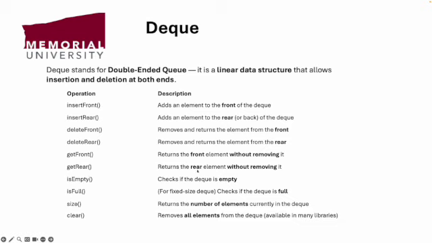Get rear: return the rear element without removing it. Is empty: a boolean to check whether the Deque is empty. Is full: for a fixed-size Deque, check whether it is full. Size: return the number of elements in the current Deque. Clear: remove all the elements in the Deque. These are the basic operations.